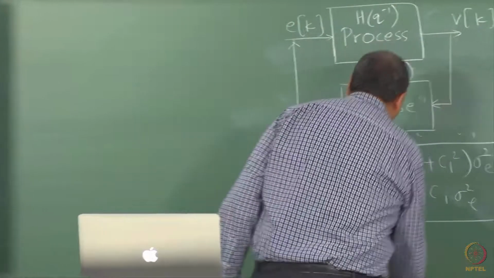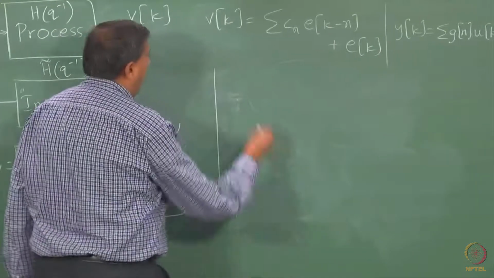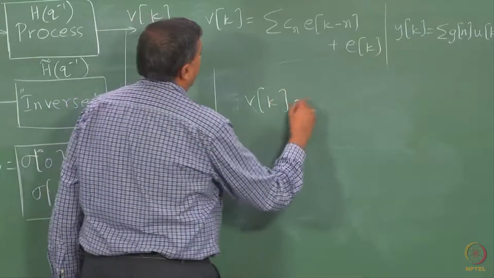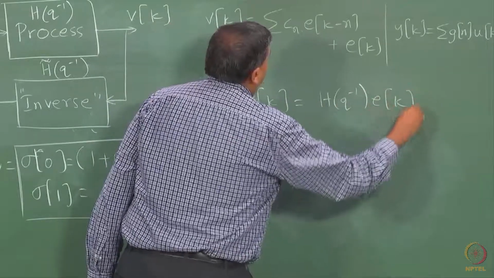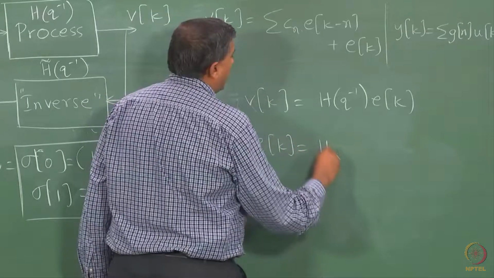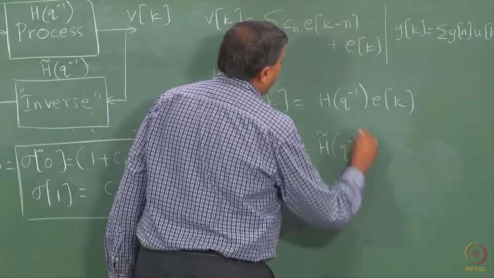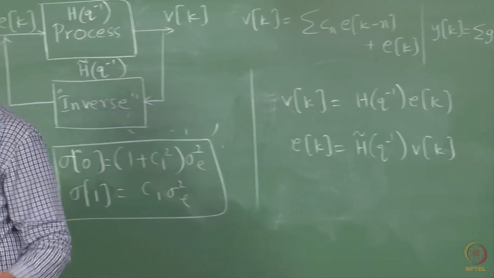Just look at this equation here. We have V as H operating on E, and I assume that Ek is H tilde operating on Vk. So, when H operates on H tilde, I should get unity.